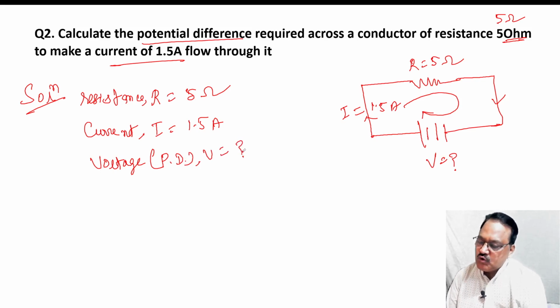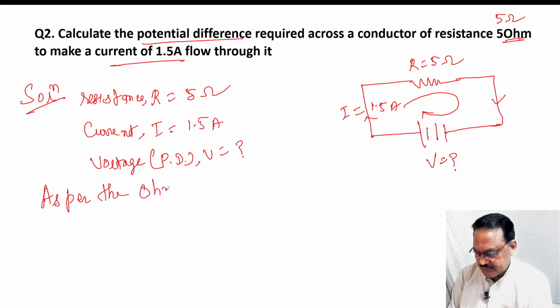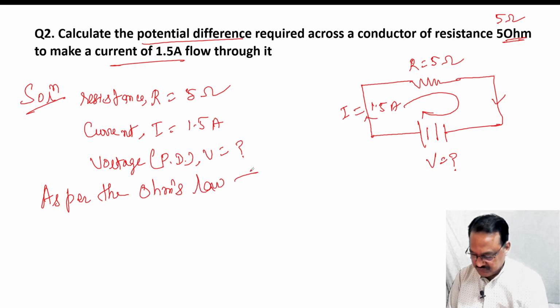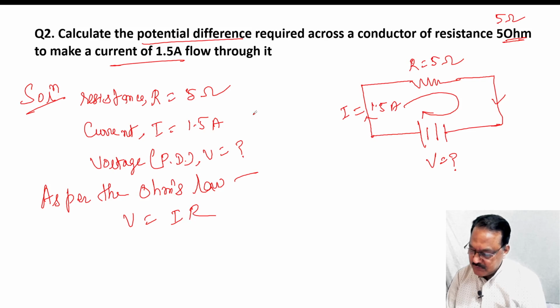So as per Ohm's law, we use Ohm's law. What is the equation as per Ohm's law? V is equal to IR. I is available here, R is also given here.